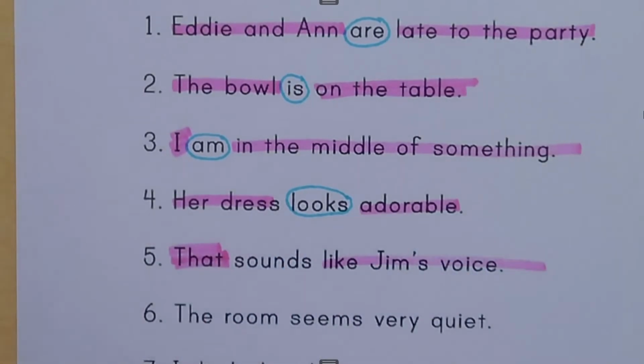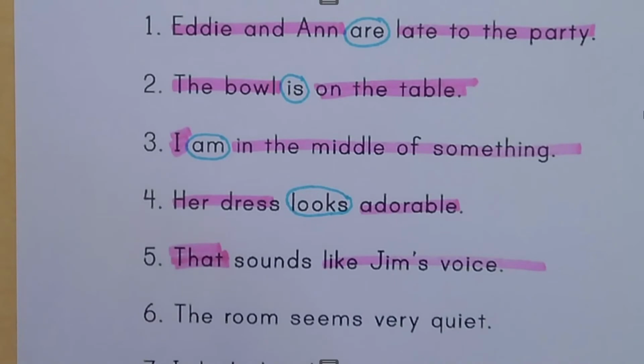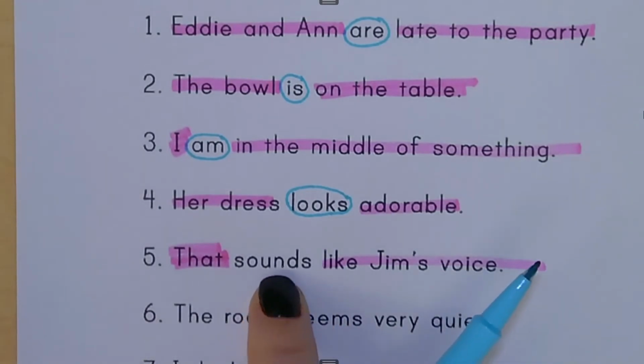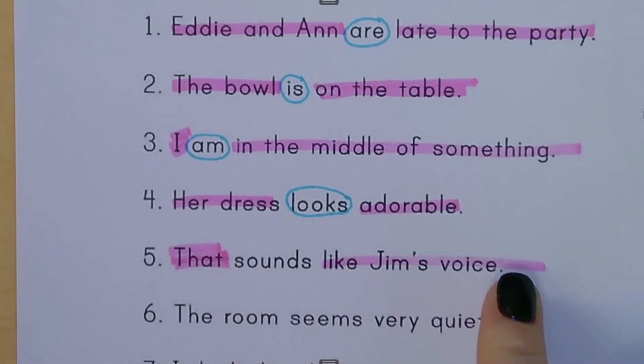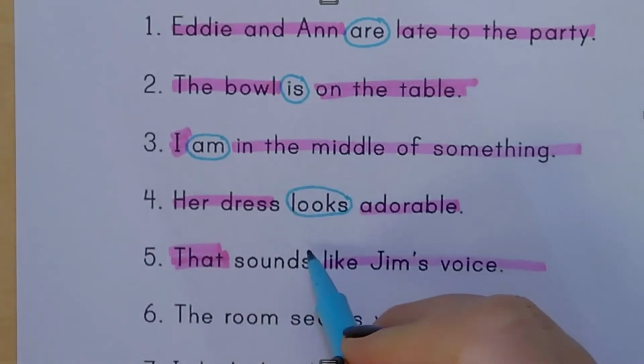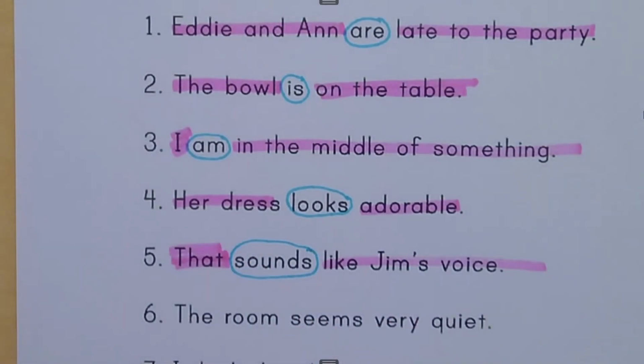That sounds like Jim's voice. Now you might say, well, is that an action verb? No. Remember, it's one of the 5 senses, but also do the equal sign test. That equals Jim's voice. That makes sense. Sounds is your linking verb.